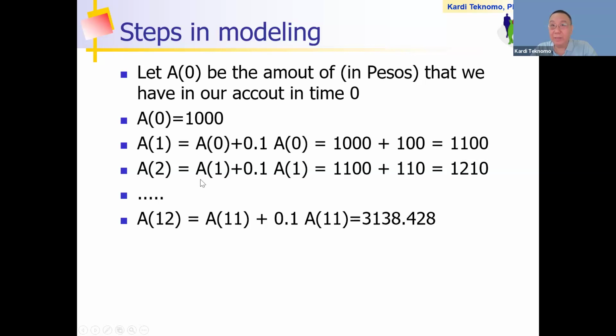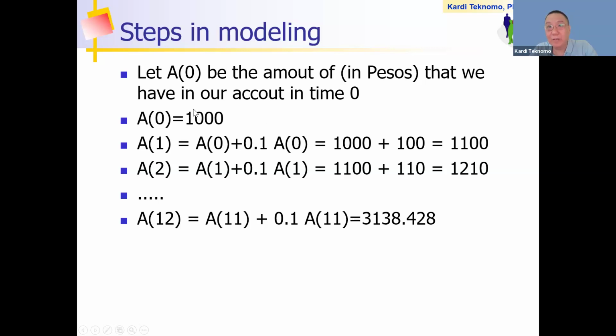And then in the second year, because this is compound interest, you don't get it from A0, but you get it from the first year. So you use the same formula here: A2 equals A1 plus 0.1 of A1. A1 is already computed, so 1,100, and 0.1 times 1,100 gives you 110. So in the second year, you get 1,210.